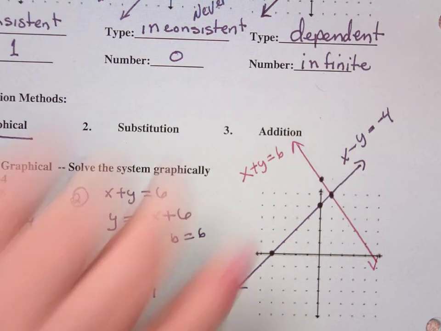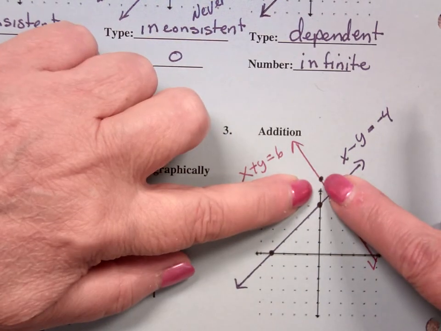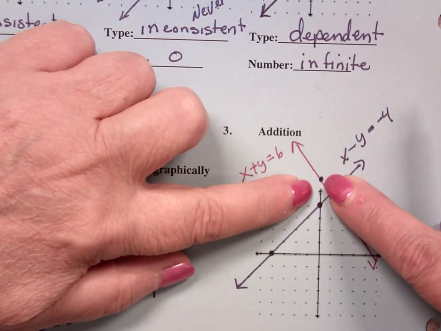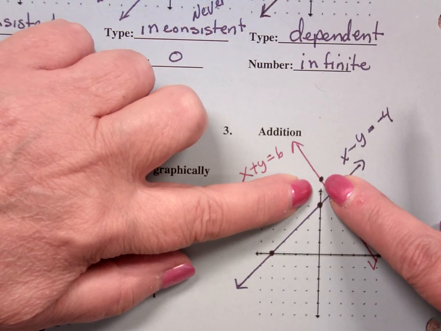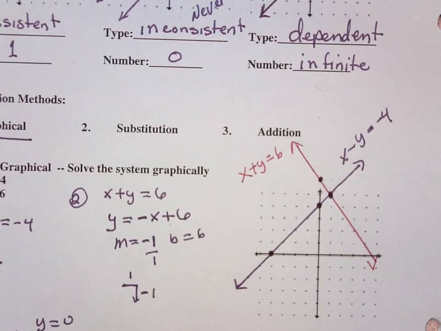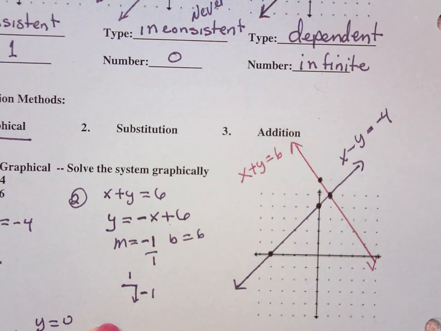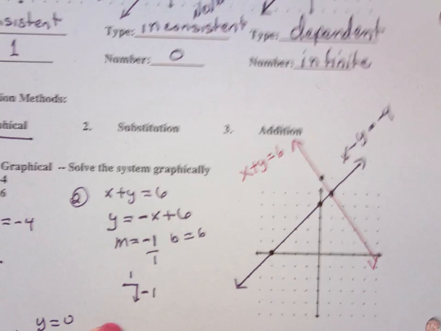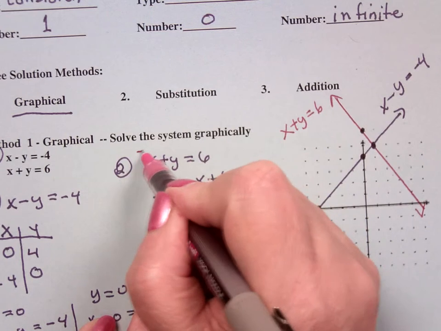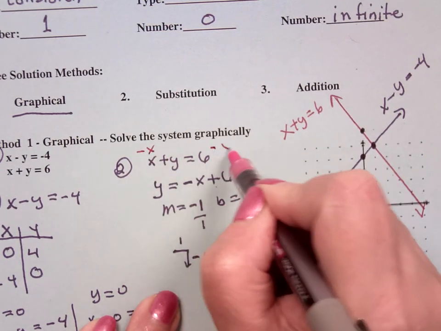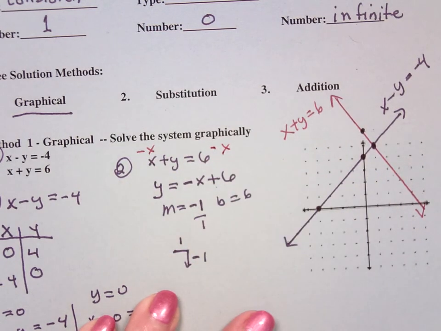And why? Because that point is probably not precisely on the grid, because I had to go off my graph paper. How did you get the negative x? I subtracted x from both sides. Okay. To solve for y.